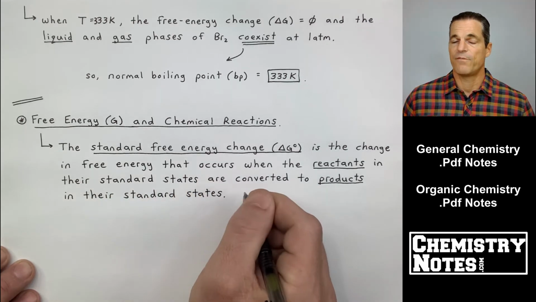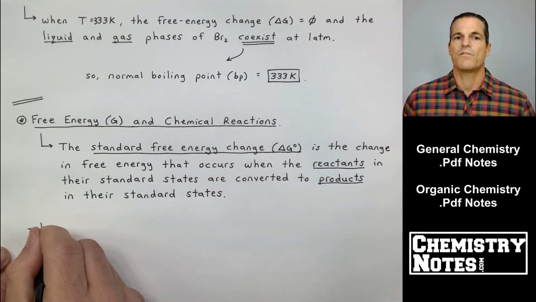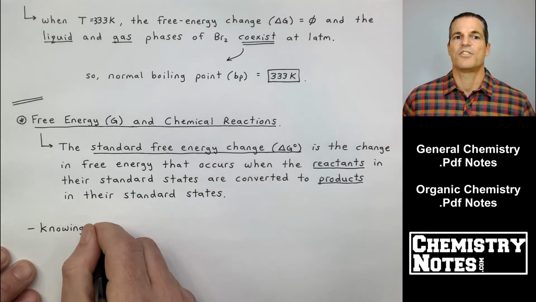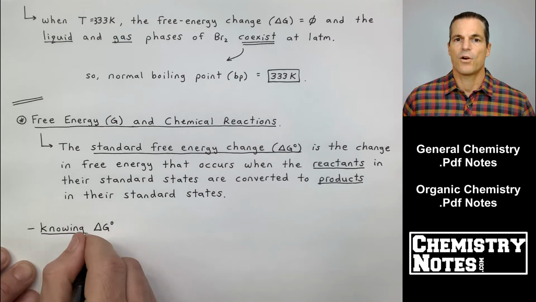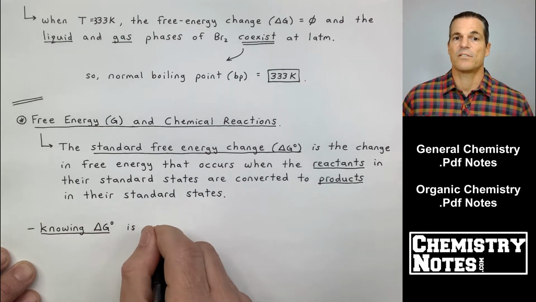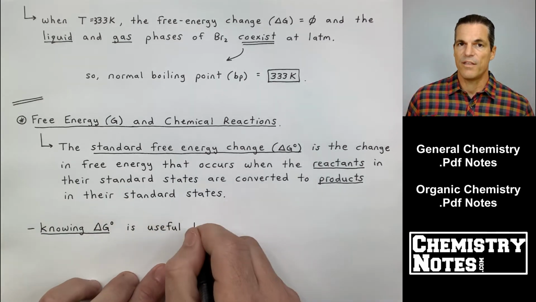So let me read that at full speed now. The standard free energy change, delta G, is the change in free energy that occurs when the reactants in their standard states are converted to products in their standard states.